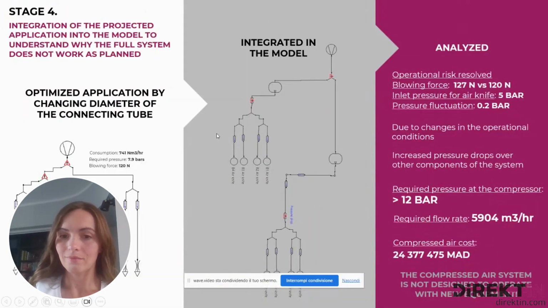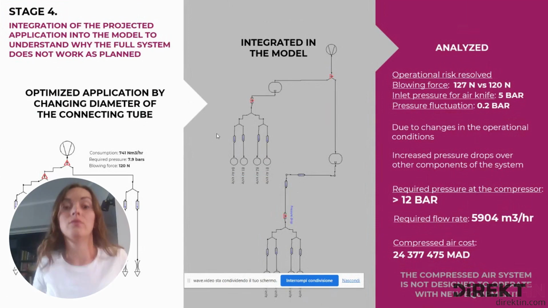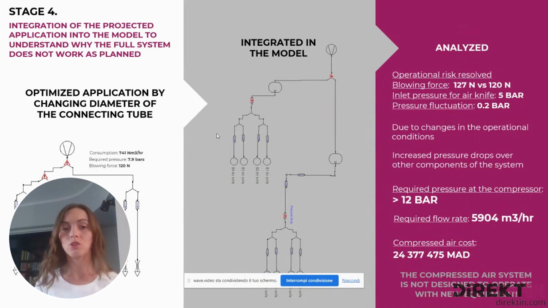So the next step. Let's imagine that we changed something inside the machine. We changed those connectors, and now we're integrating our projected system into the existing compressed air system. So we want to have 120 Newton of blowing force at a pressure of 5 bar. We're going to have some pressure fluctuation after we change the air knife.